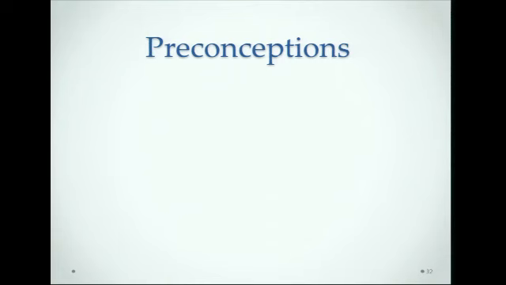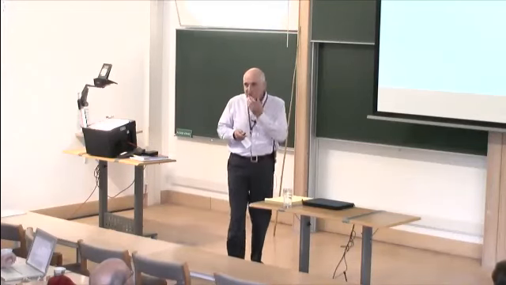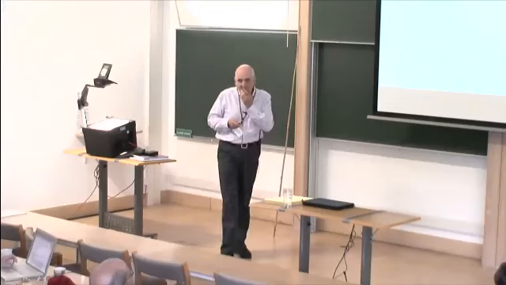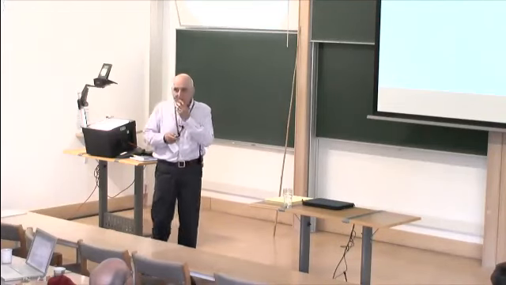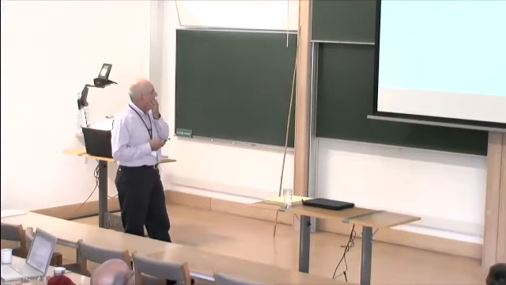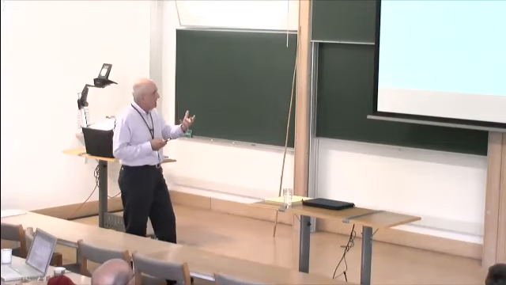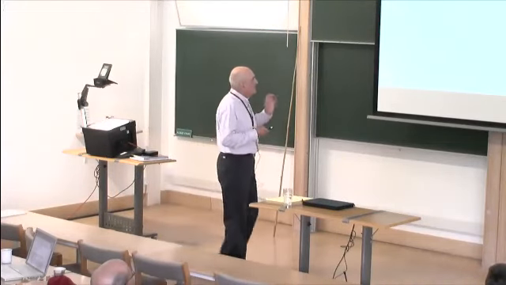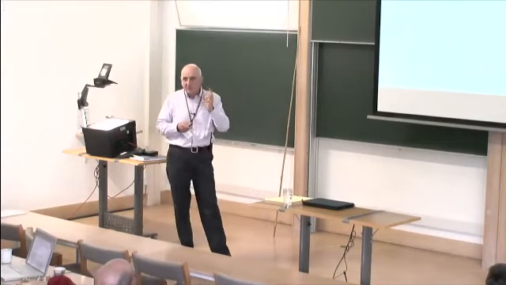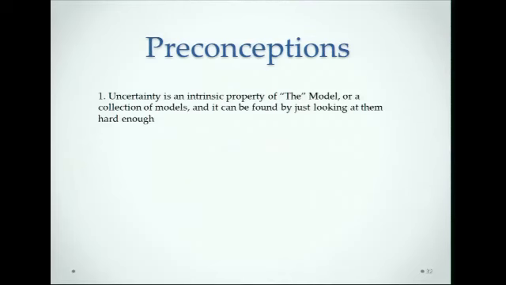It seems to me that behind this there are some preconceptions that I would question. The first is about uncertainty, and that is that uncertainty has come to be seen operationally as an intrinsic property of the model or a collection of models.